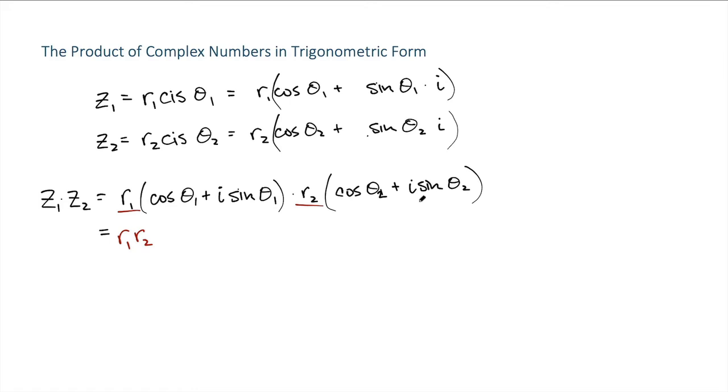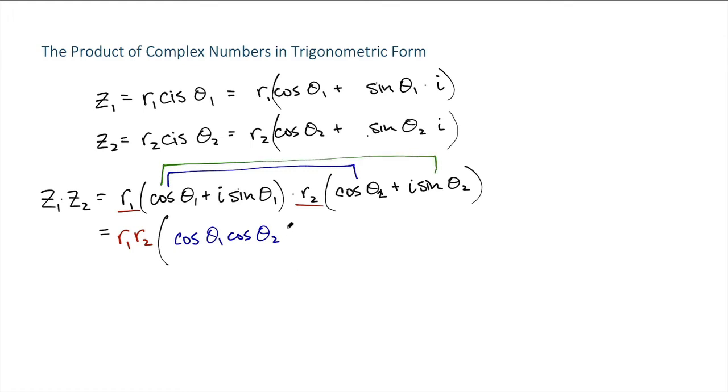Now, multiplying these two things, I'm going to have to distribute, right? So I'm going to take my cosine of theta 1 times cosine of theta 2. And that's going to be cosine theta 1 cosine theta 2. All right, and then I'm going to take this cosine theta 1 times i sine of theta 2. So that's going to be plus i cosine theta 1 sine theta 2.